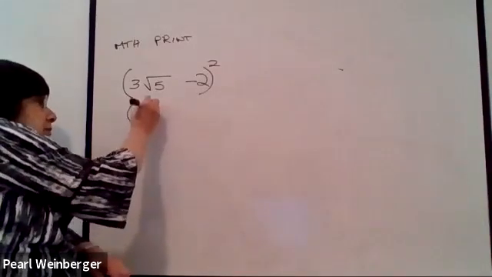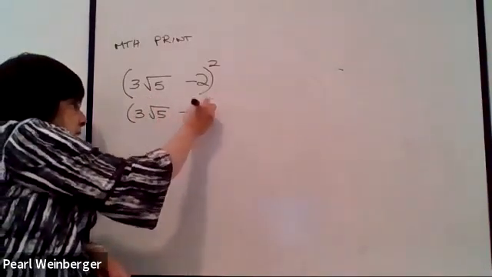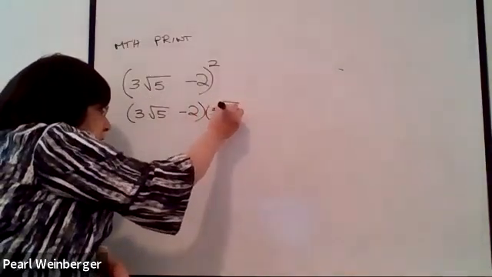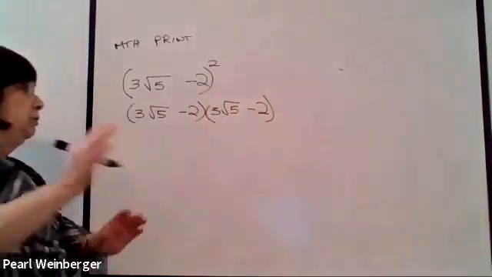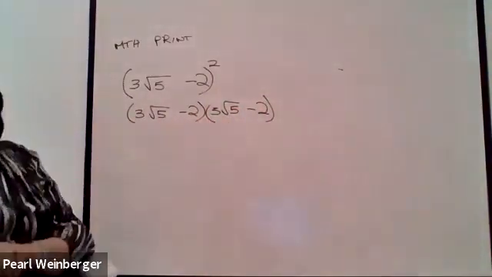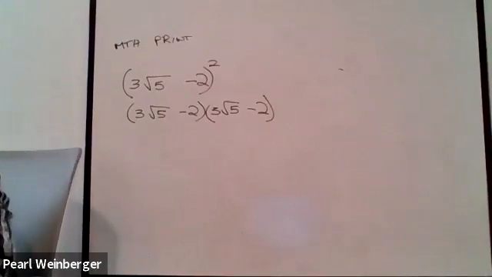Right, you're going to have to write it out as 3 radical 5 minus 2 times 3 radical 5 minus 2. So if you have a binomial squared, just write it twice and just do the regular FOIL. Okay, I'm going to give you time to do that while I take attendance.